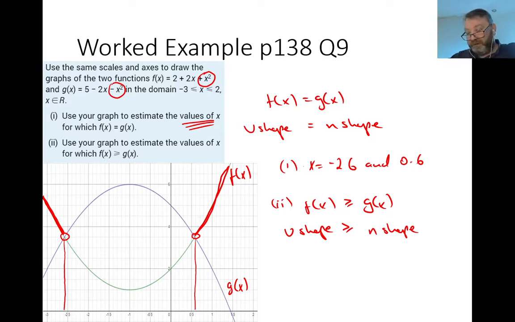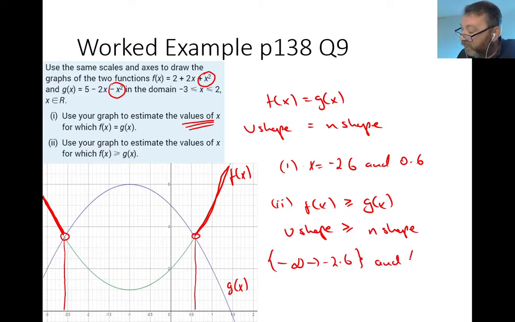Because it's outside it. So in that situation, what we've got to remember is that the arms of a graph go off forever, okay? So the very first thing I've got to notice here is that this part of the U-shaped curve will go from -infinity all the way up to -2.6. So there's the first set.